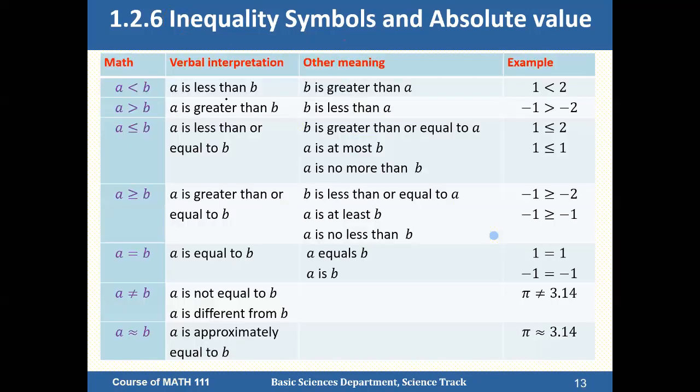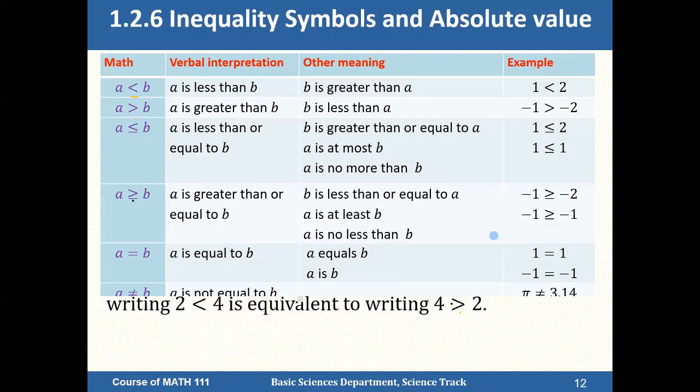So these are all symbols for inequalities. This is less than, greater than, less than or equal, greater than or equal, equal, not equal, and approximately equal. And pi is approximately equal to 3.14.